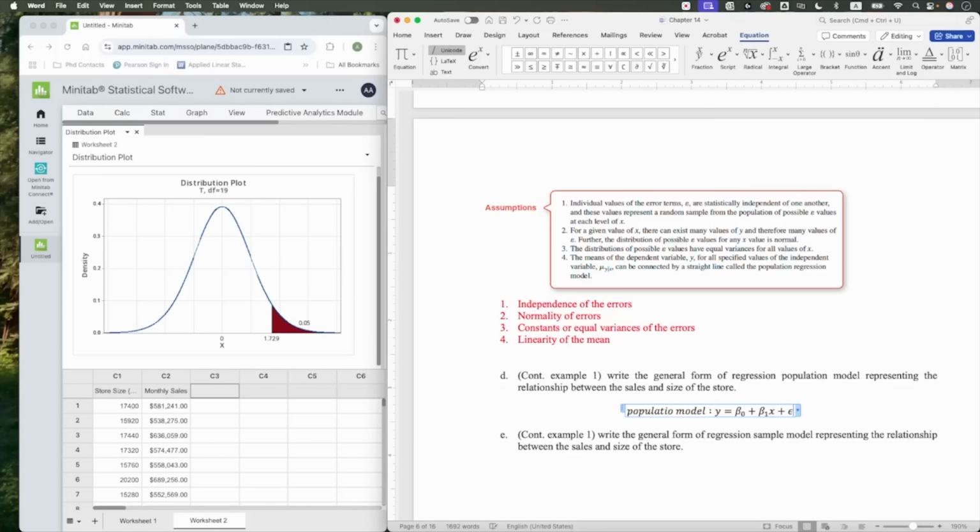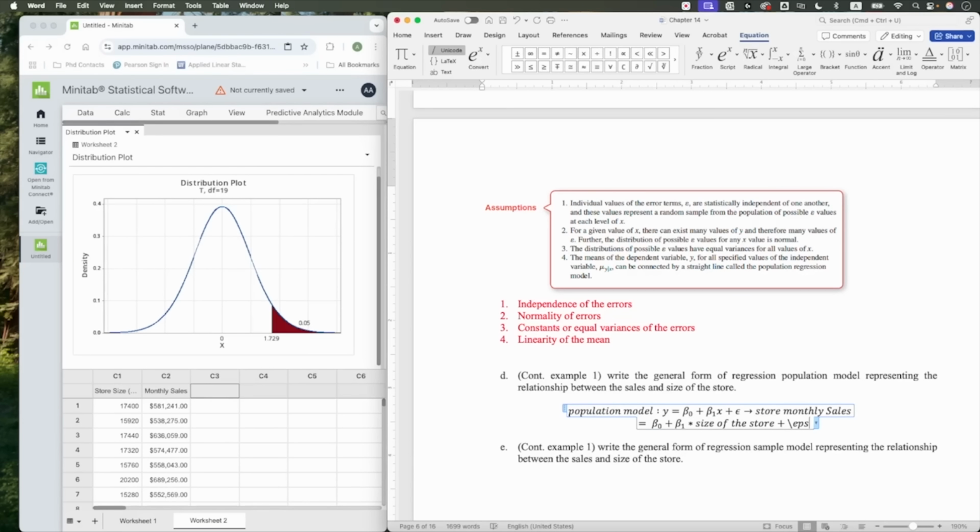In words, y is the store monthly sales, which is equal to beta naught plus beta 1 times the size of the store, plus epsilon.